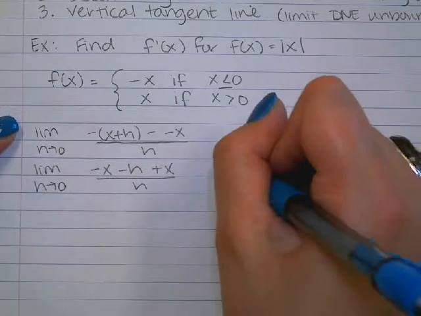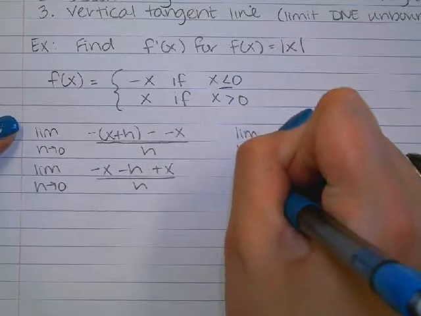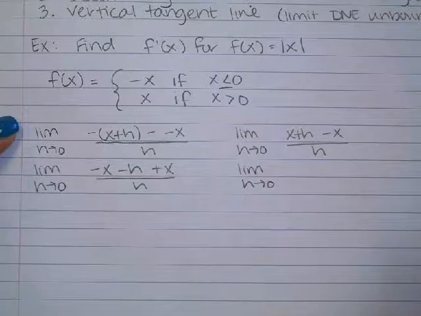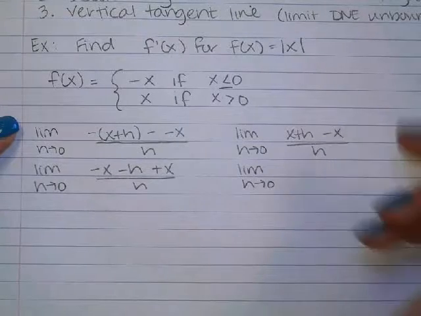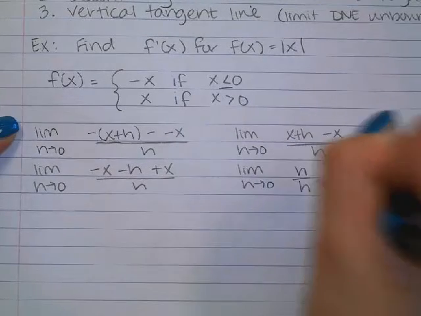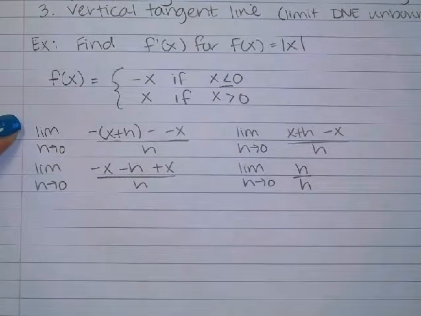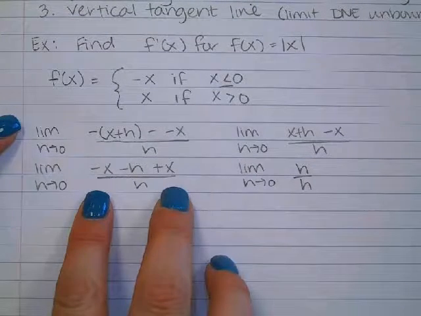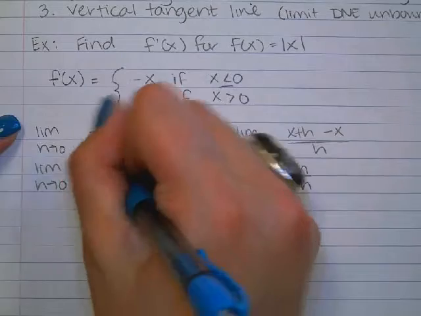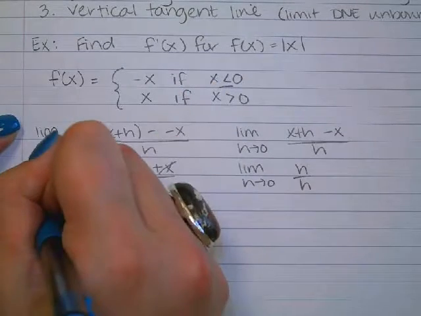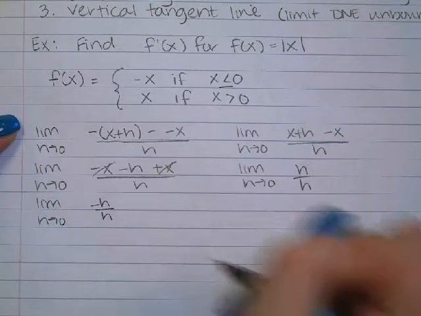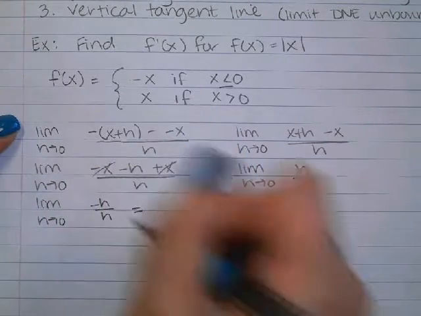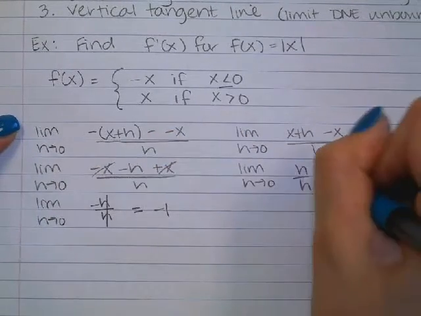You guys are keeping all your limit notation, right? This time. So for this one, the x's cancel, so we just get h over h. What happens over here? Okay, and then what do I get? -1, what do I get over here?